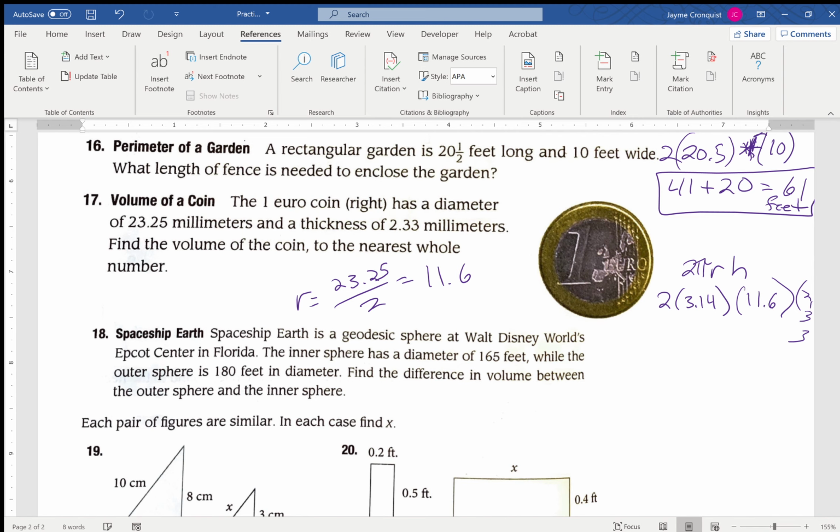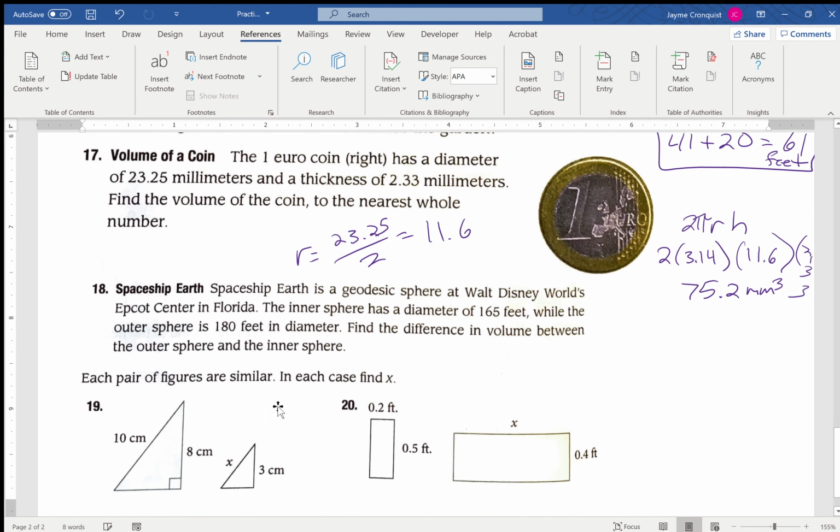Oh, that's half of the 2.33. I just couldn't read my own writing. How do you like that? I'm normally pretty good at writing well enough to read it easily. Sorry, I put a subtract instead of a times in one place. So there we go, 75.2. Okay, volume is cubed.